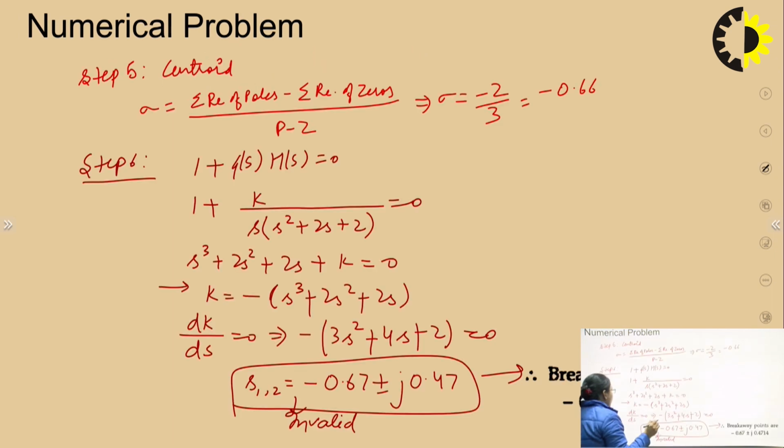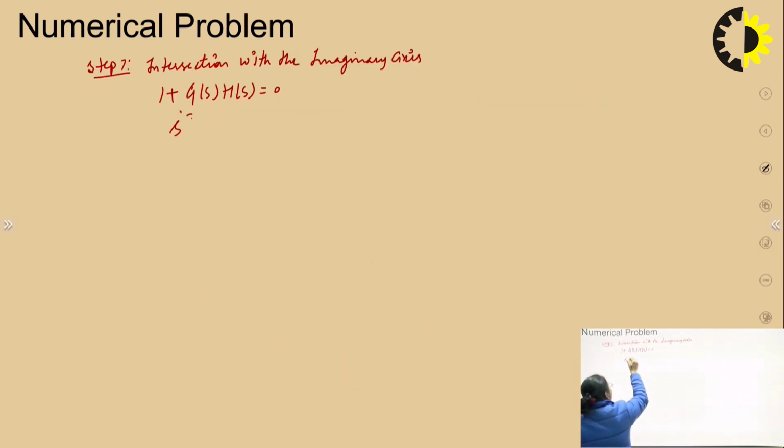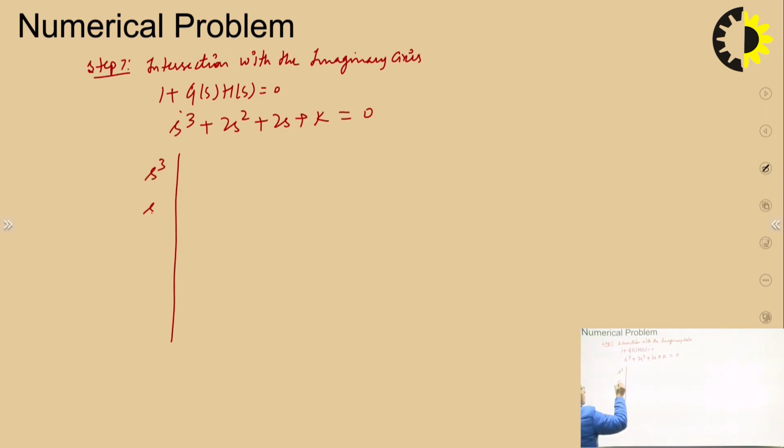And what is the equation I am getting? s cube plus 2s square plus 2s plus K equals 0. So from here, the Routh array: s cube, this is 1, 2; s square, 2, K; s to the 1, 4 minus K upon 2; and s to the 0, K.